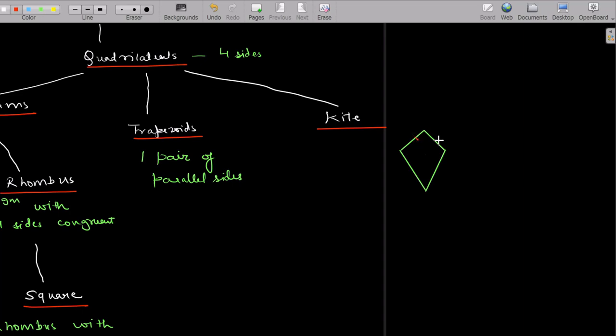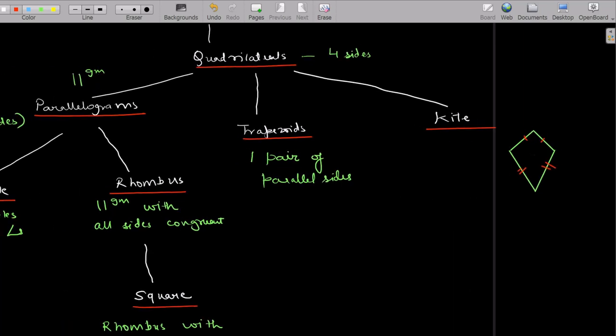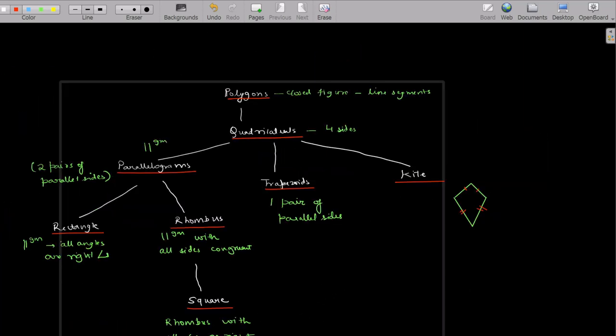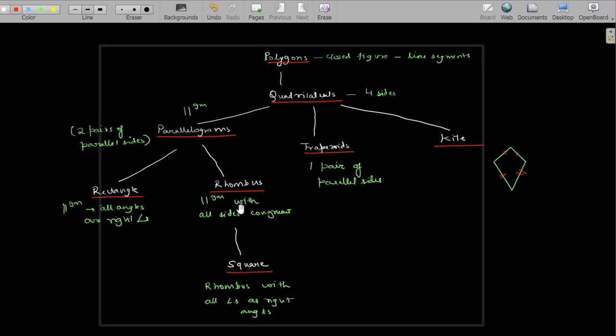This side and this side are both adjacent and congruent, and this side and this side are both adjacent and congruent. But kites are not important, we won't be doing kites. So these are the polygons we want to focus on: rectangle, rhombus, squares and any parallelogram.